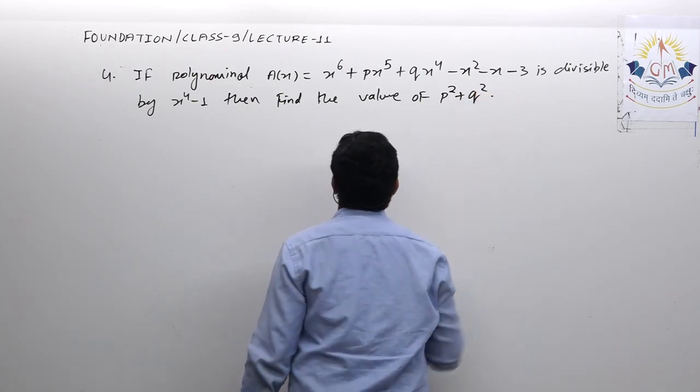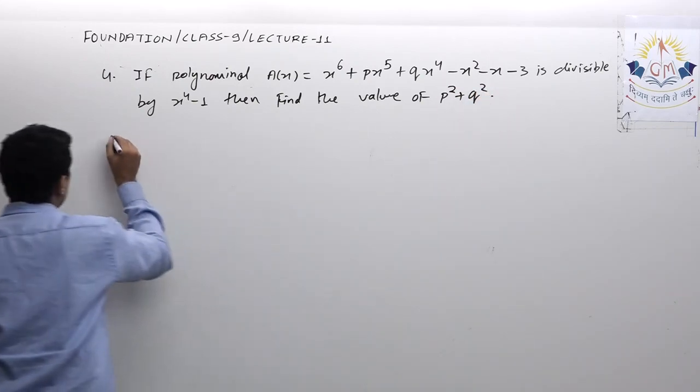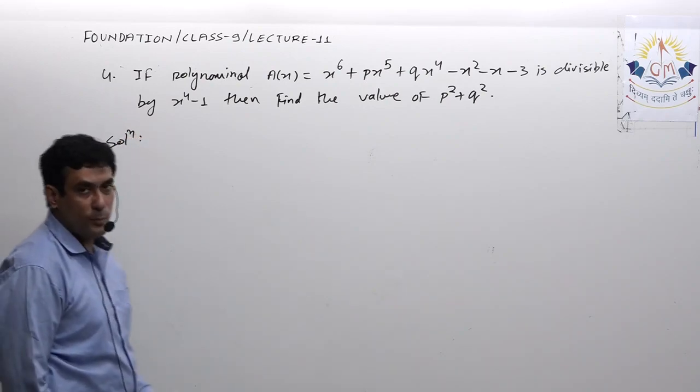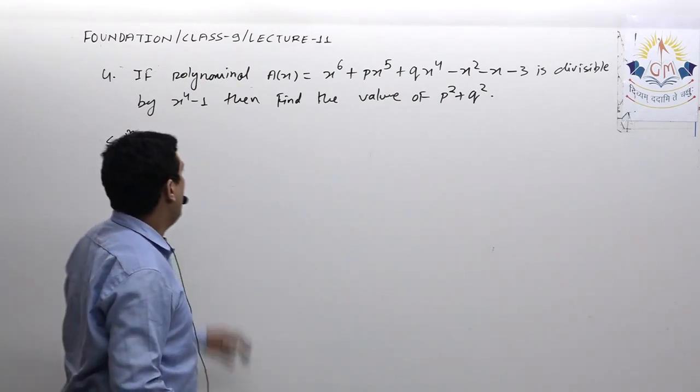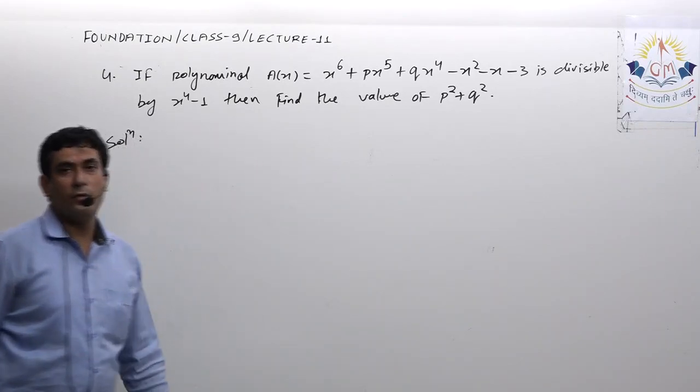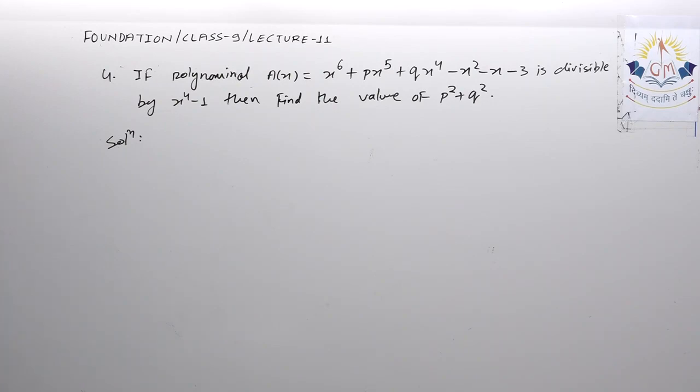That is, you have to find the value of p square plus q square. So this is not that much difficult. We have this type of similar sum in our textbook as well, so try for a while, then I will give you its solution.